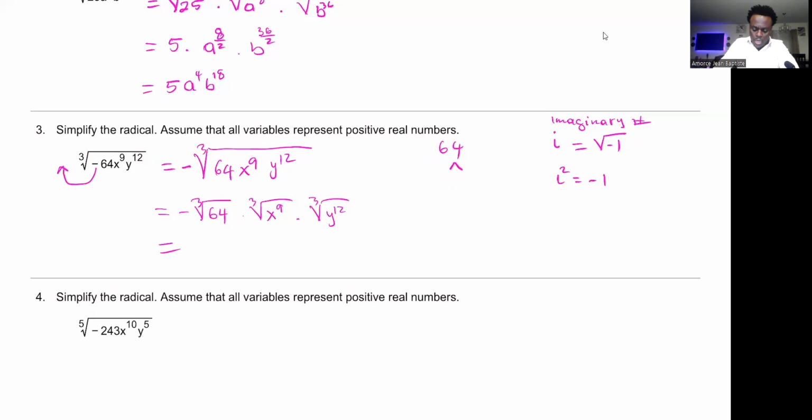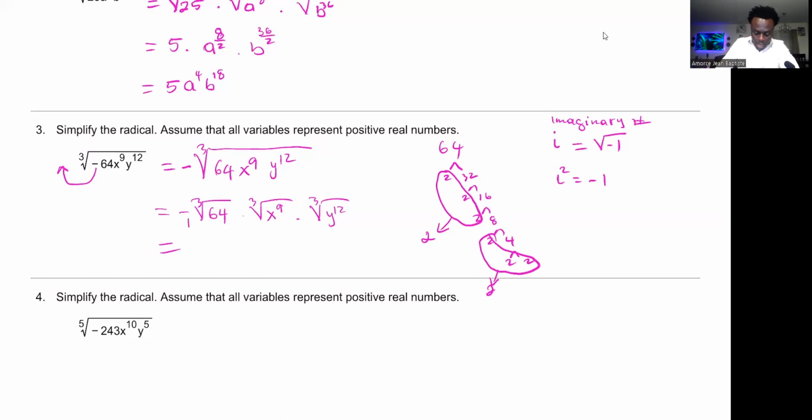So that's 2 times 32, 2 times 16, 2 times 8, 2 times 4, and 2 times 2. Make groups of 3. 1 goes out. Another group of 3. 1 goes out. And when you multiply the outside numbers, it gives me 4.